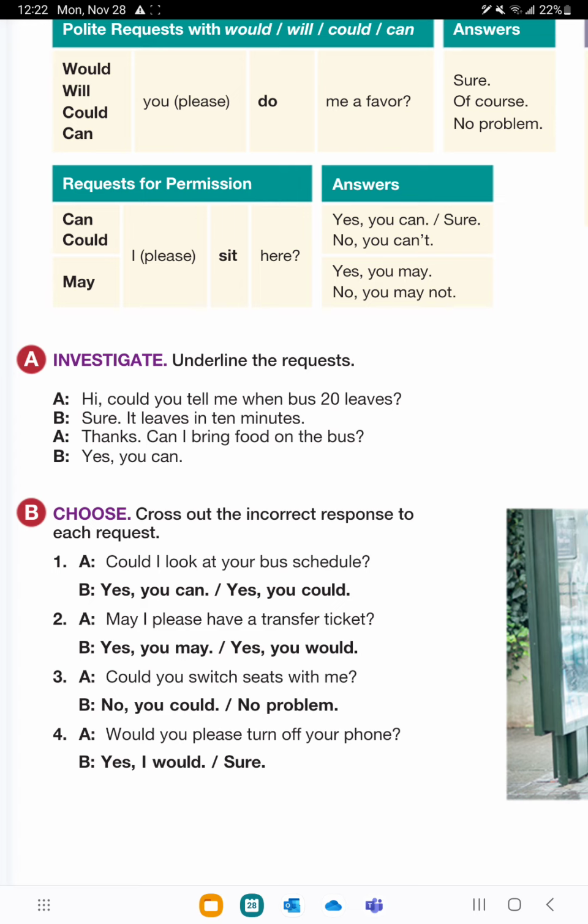And always, if you don't know how to find them, look for these words in the beginning of your sentence. Look for would, will, can, could, and may. So I see it right here. Could you tell me when bus 20 leaves? Can I bring food on the bus? Those are our two requests that they're asking.